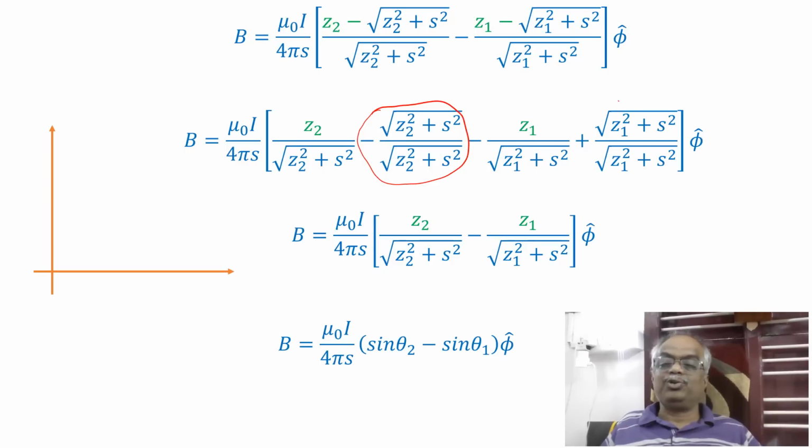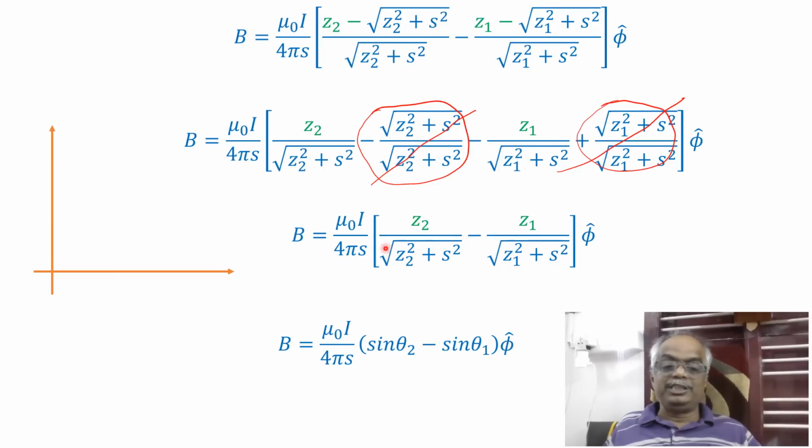This is plus 1. So, both will get cancelled. That is, the second and fourth terms will get cancelled. You will get the first and third terms. First term is Z2 divided by square root of Z2 square plus S square, minus Z1 divided by square root of Z1 square plus S square.